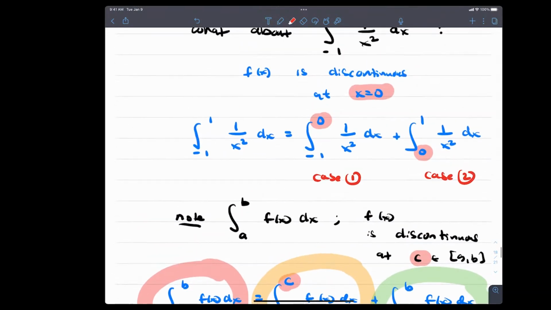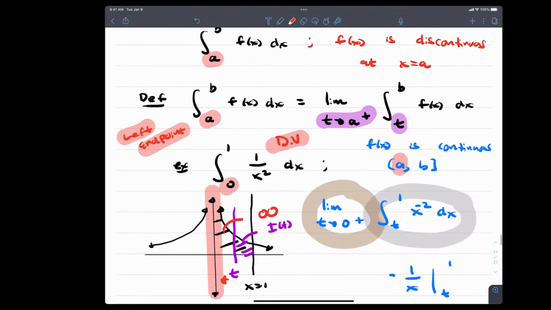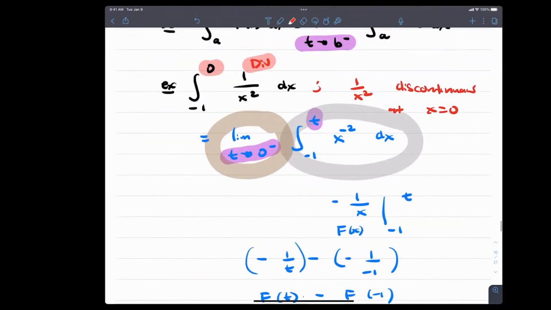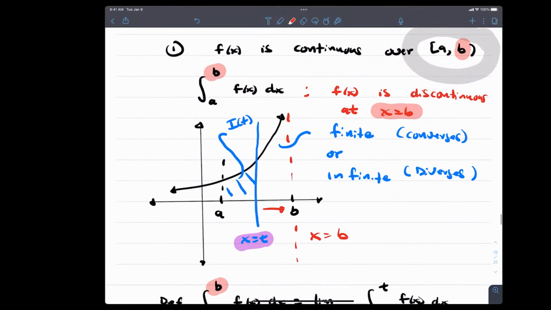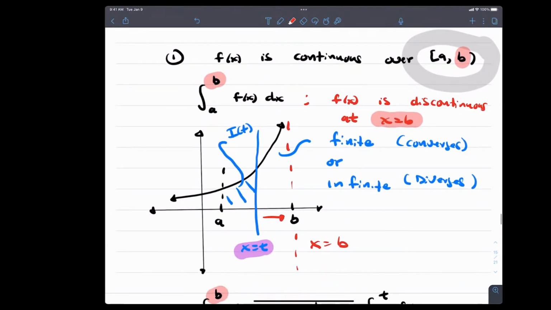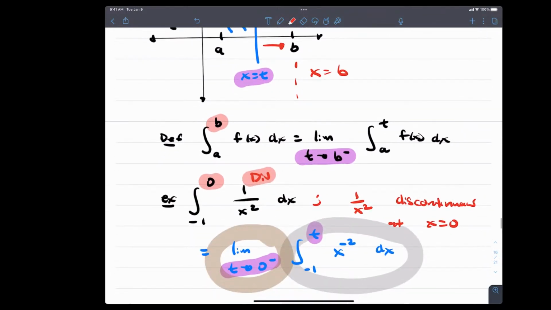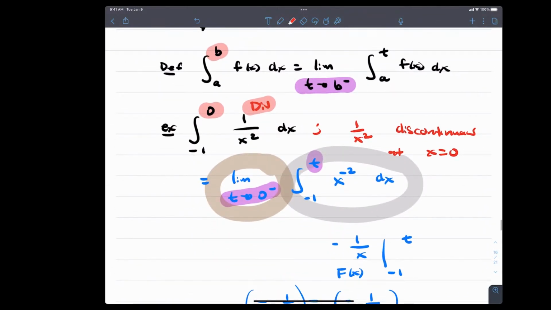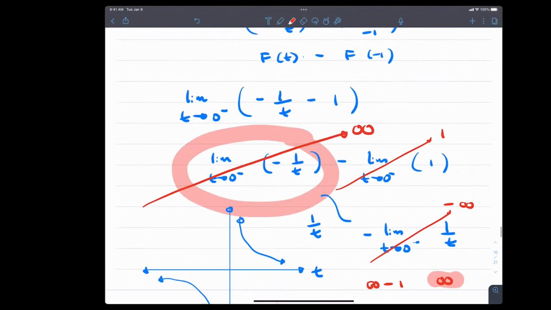That was a right endpoint discontinuity. There you go, here's the right endpoint. So by definition, you're going to approach the discontinuity from the left.